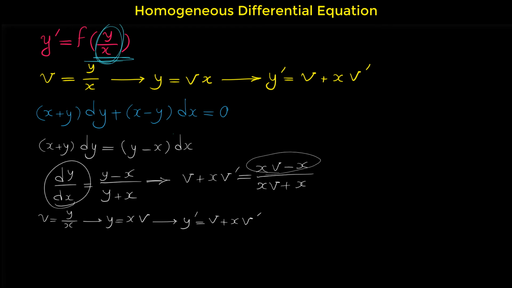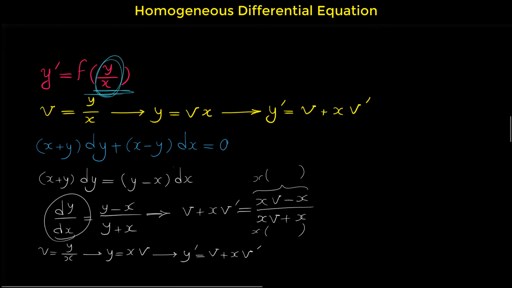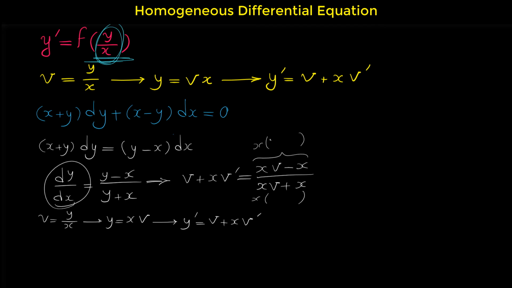Now if we look at the numerator and denominator, we can factor x in the numerator and we can factor x in the denominator. If we factor x in the numerator, we have v minus 1, and in the denominator we have v plus 1, which if we cancel x with x, finally we can simplify this as v minus 1 over v plus 1.